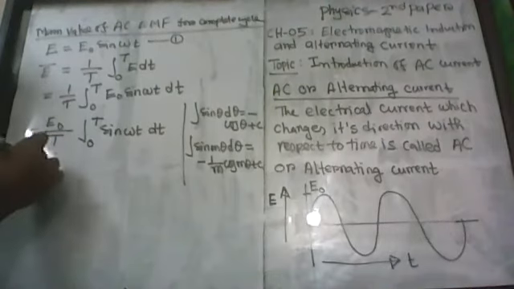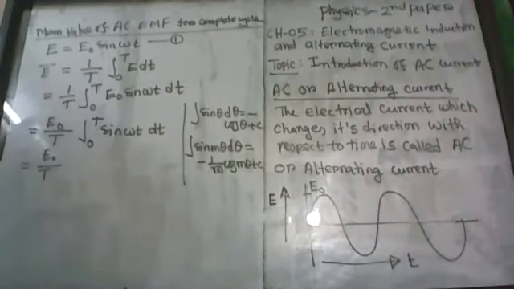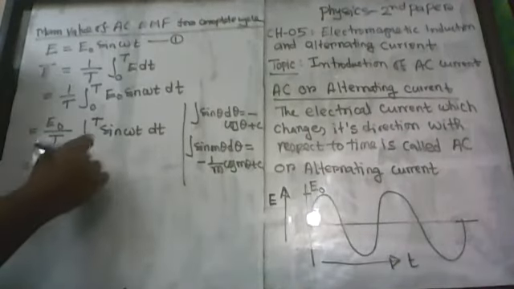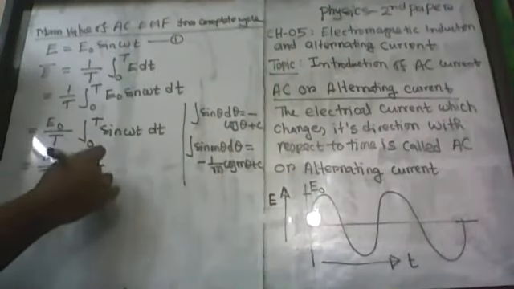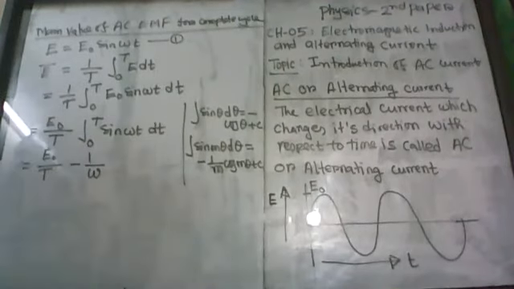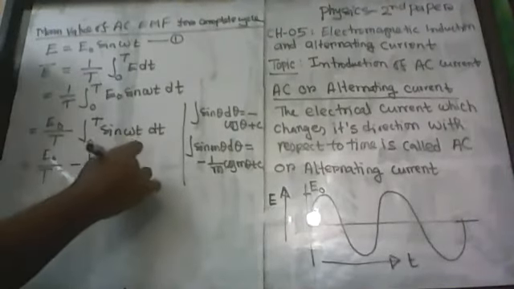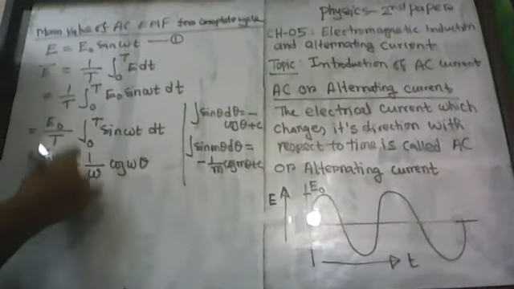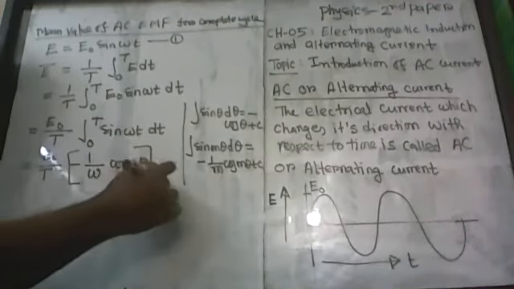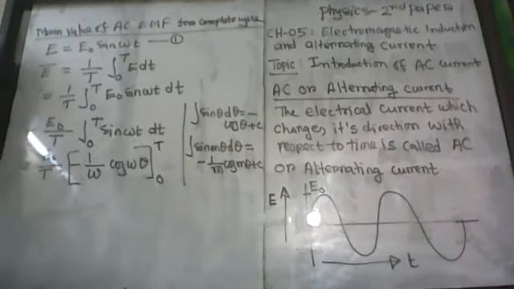then it will equal E naught divided by capital T. For the case of sine omega t, it will equal minus 1 by omega, which is a constant just like m, then cos omega t. We are solving an integration having limits, so lower limit and upper limit.